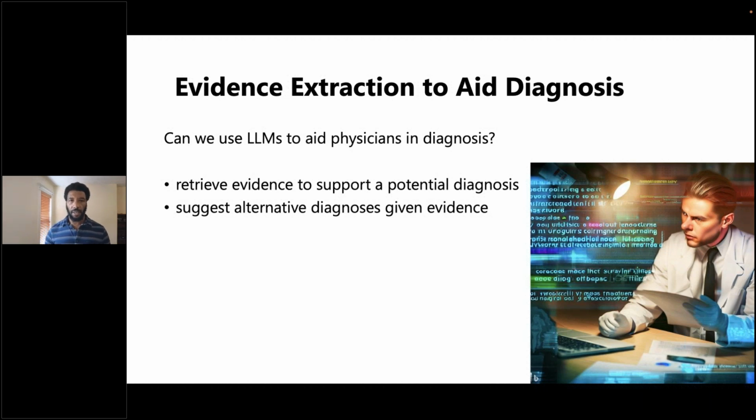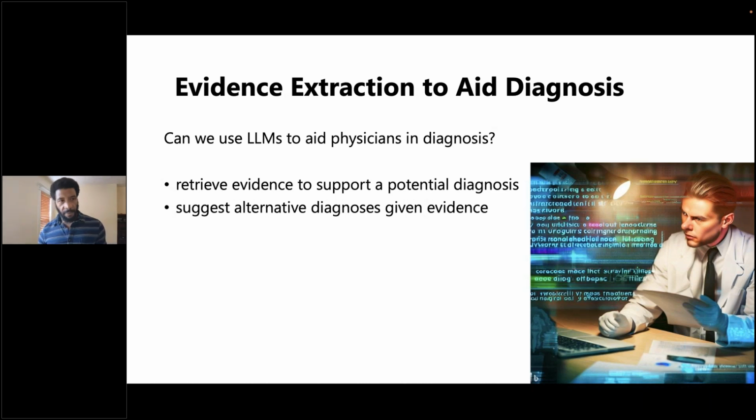a patient's clinical notes. This is still a work in progress. We have teamed up with medical doctors from Brigham and Women's Hospital, and we are trying to understand, first of all, what are the best use cases for this type of approach, and how best to elicit this information from large language models.